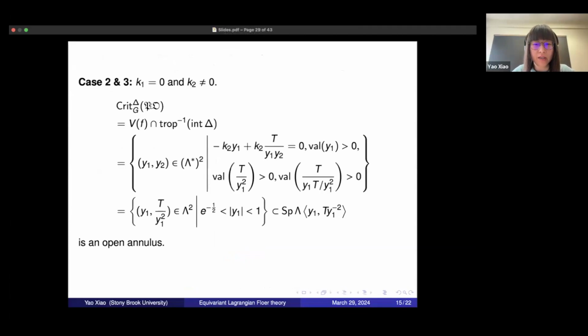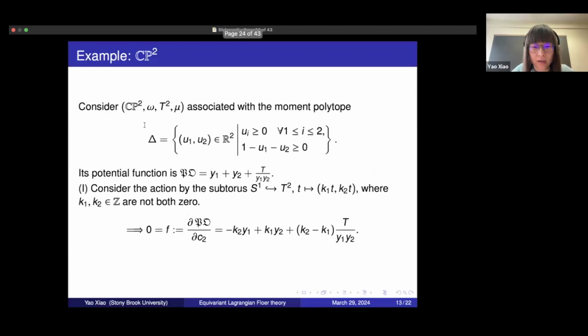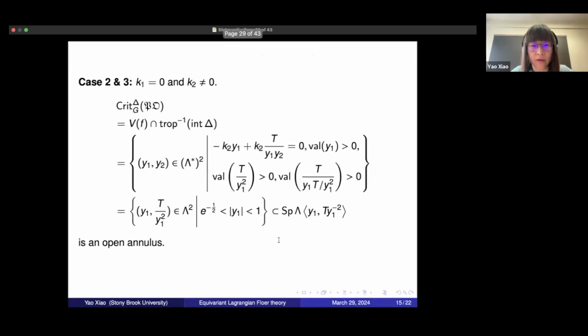The rigid space in this case would be given by the vanishing set of this original F I have here, intersecting with trop inverse of the interior of the polytope. And if you compute this, you'll get a rigid annulus. And similarly, I have it for K1 non-zero and K2 equals 0.